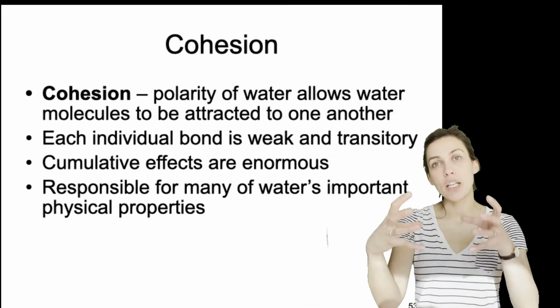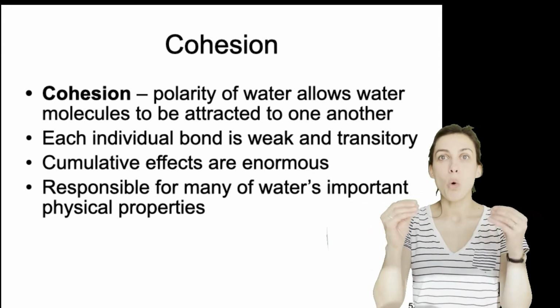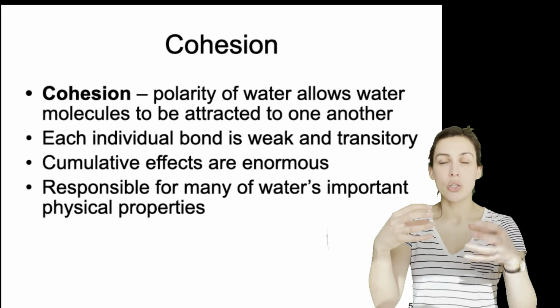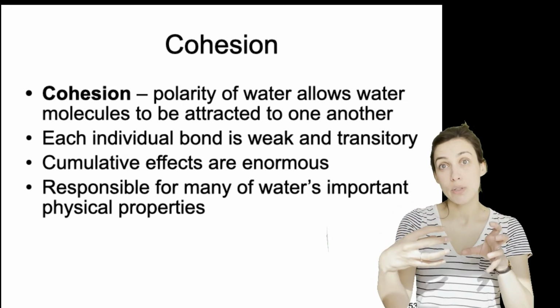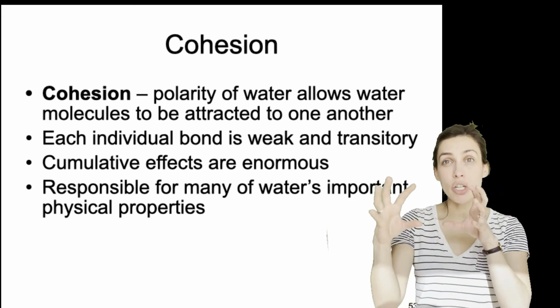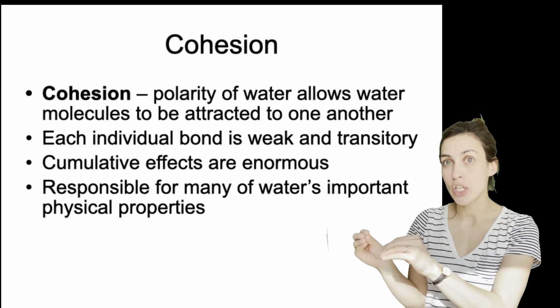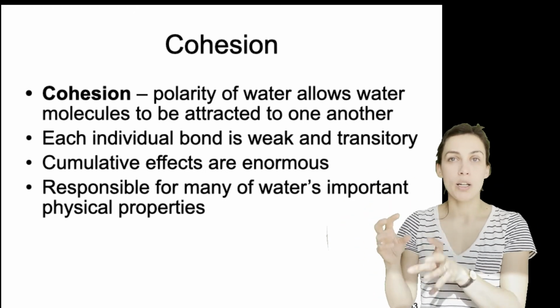Cohesion is the ability of water to stick to itself. That means one water molecule has an attraction to other water molecules around it. And in its liquid state, one water molecule can hydrogen bond, remember, hydrogen bond, that brief attraction, to 4 other water molecules.